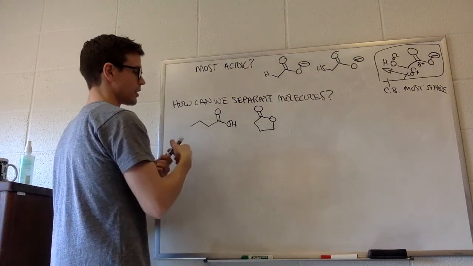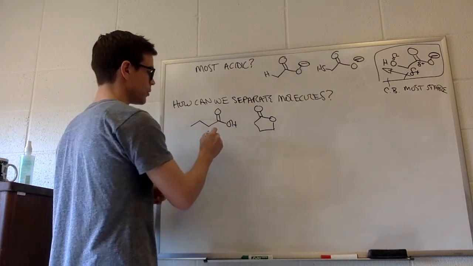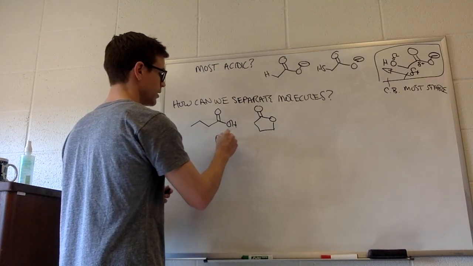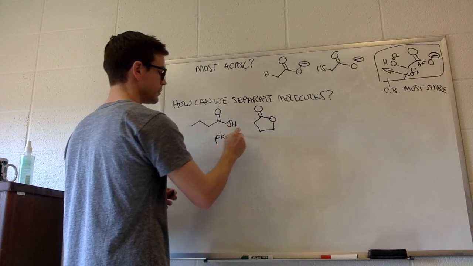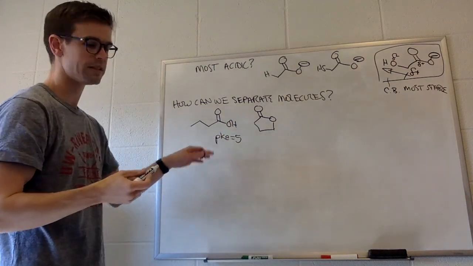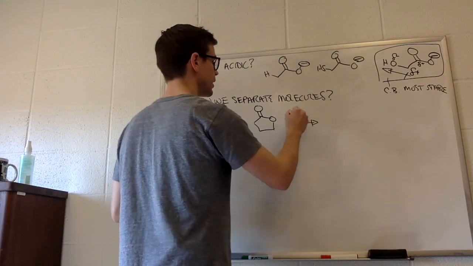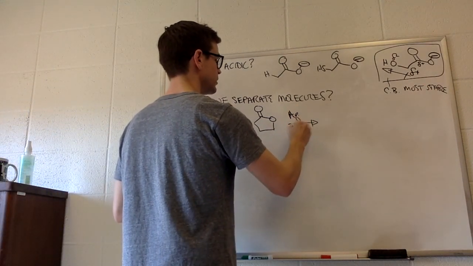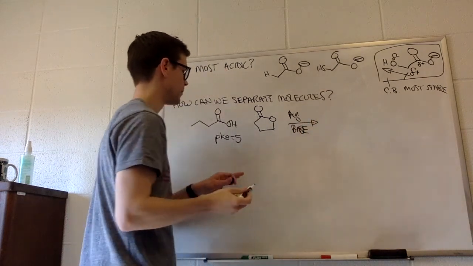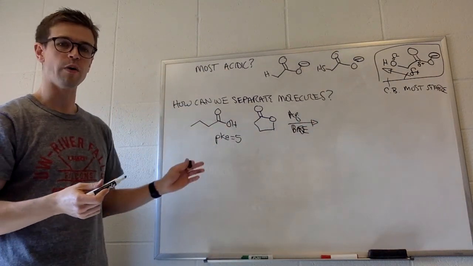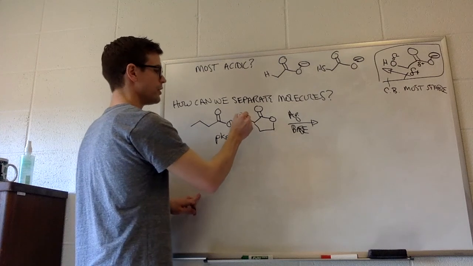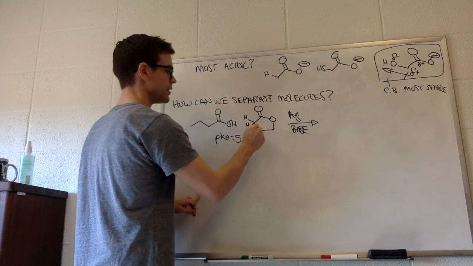This species here is the carboxylic acid that has an acidic proton, so the pKa of this proton is 5. So if we treat this species with an aqueous base, so we'll just write aqueous base, it will be able to deprotonate that OH, but all the hydrogens on this species are not very acidic.